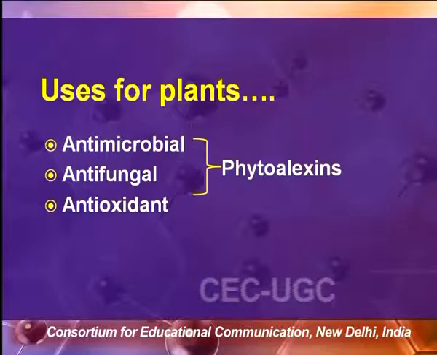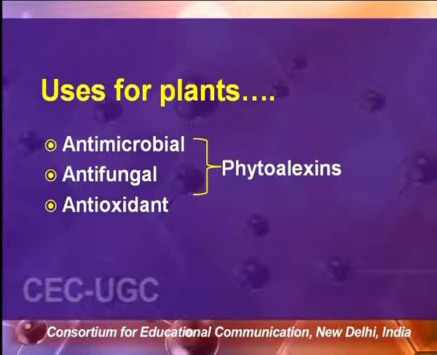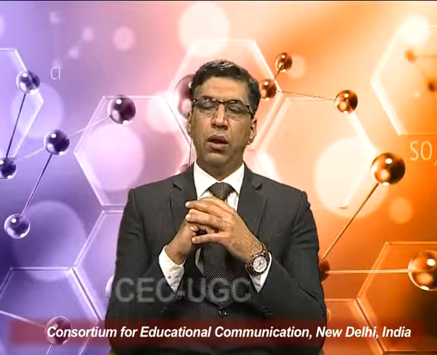So in plants, the major function of flavonoids is to protect the plant from various microbial attacks, mainly by their antimicrobial, antifungal or antibacterial action, and that is why some of the members of the flavonoids are considered as phytoalexins. Besides this antimicrobial action, flavonoids also have a strong antioxidant action, which also helps in protecting the plant from the attack of different types of pests.